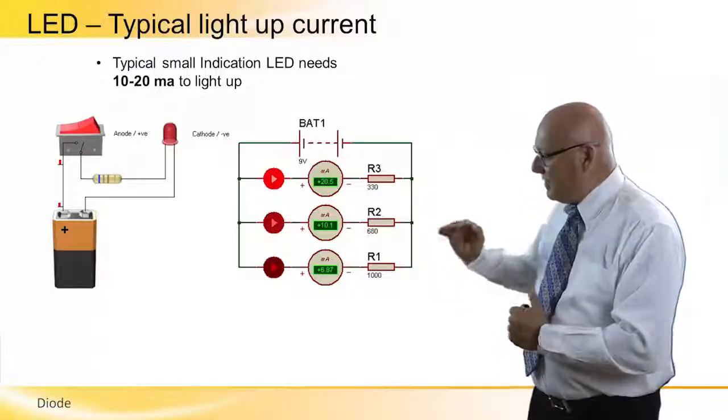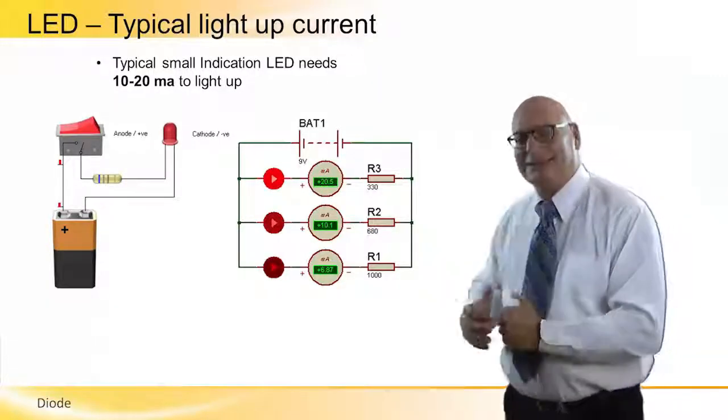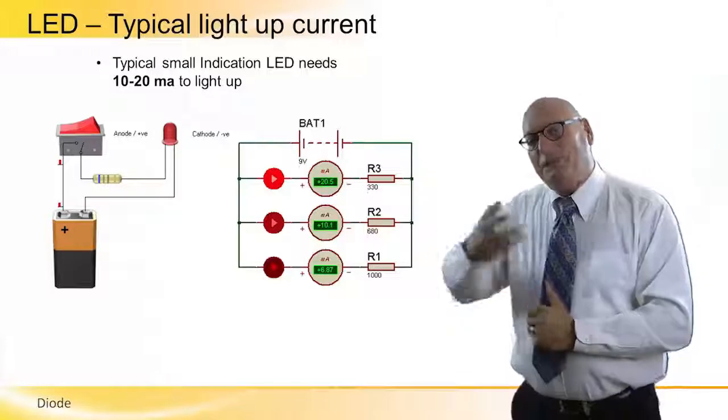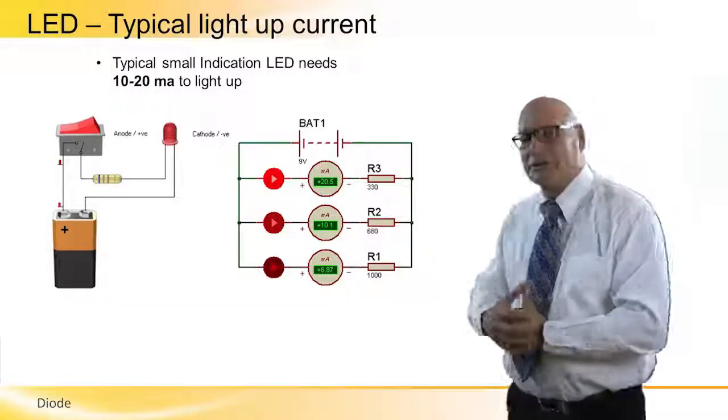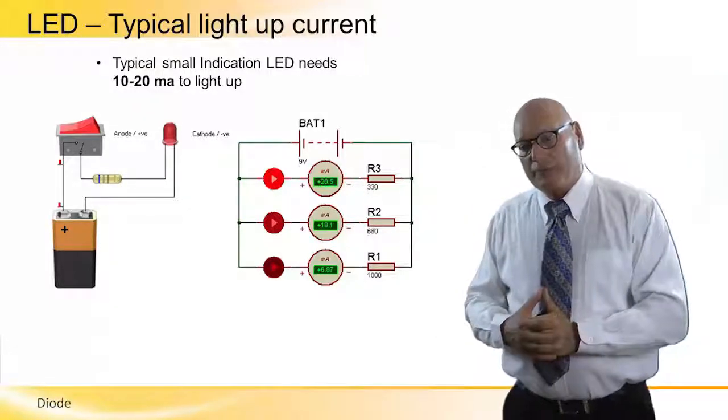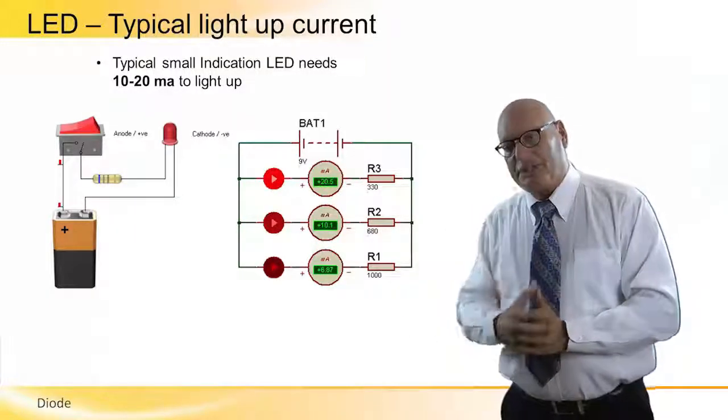And you can see the difference in the brightness, the intensity of the light emission of the LED, at different levels of current going through, which are basically determined by the resistors.